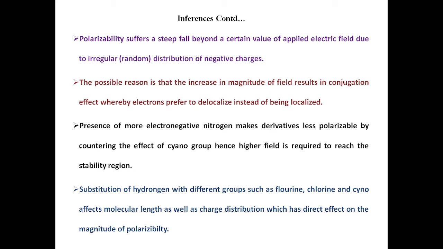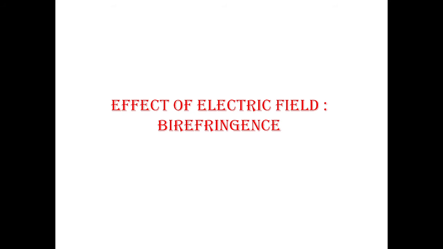Substitution of hydrogen with different groups such as fluorine, chlorine or cyano affects molecular length as well as the charge distribution, which have a direct effect on the polarizability. Now I am going to show some results on the birefringence: the effect of electric field on birefringence.